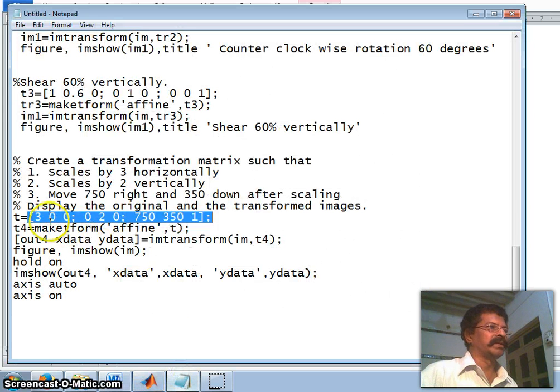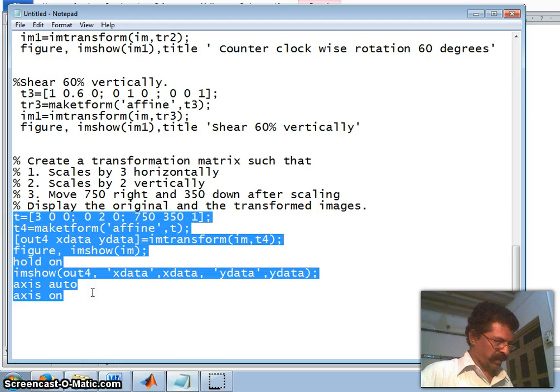Therefore my matrix becomes 3, 0, 0, 2, with 750 along x and 350 down. Let us make this matrix and see whether it is moving.